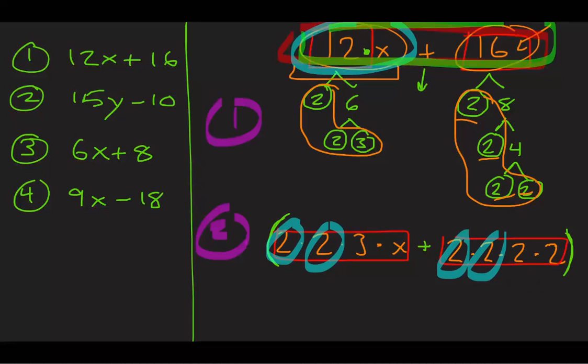So that means, what do they have in common? They have a 4. And think about it. Does 4 go into 12? Yeah, 4 times 3. Does 4 go into 16? Yeah, that's 4 times 4. So we just found out, this was our expanded way of finding out the biggest number that multiplies into both of these, because 2 times 2 is 4. So now we're going to do what we put these parentheses here for.